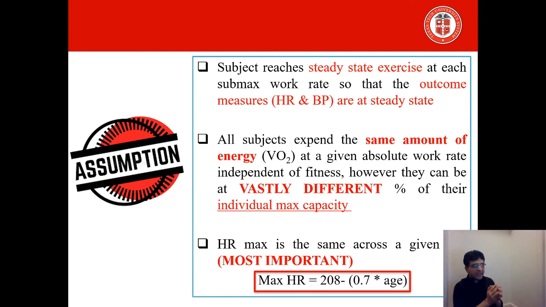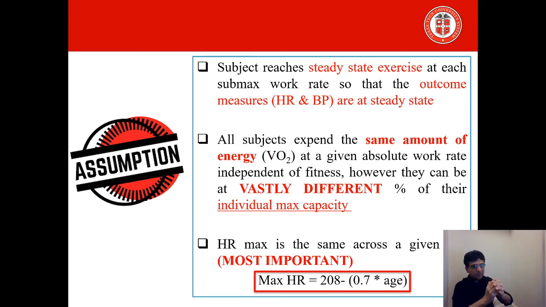And in order to calculate the maximal heart rate, which is given in point 3 and which you need for your data sheets, there is a formula: 208 minus 0.7 multiplied by age. So for any given age, let's say your age is 20, then you are going to achieve a maximal heart rate of whatever value comes out.